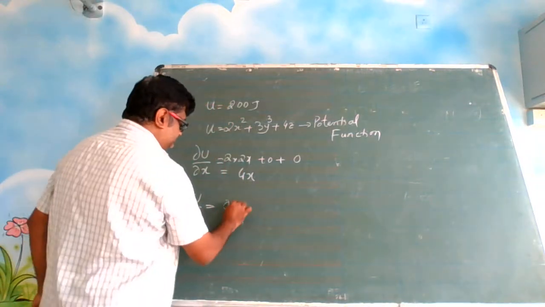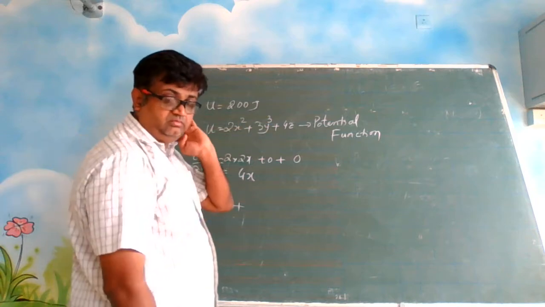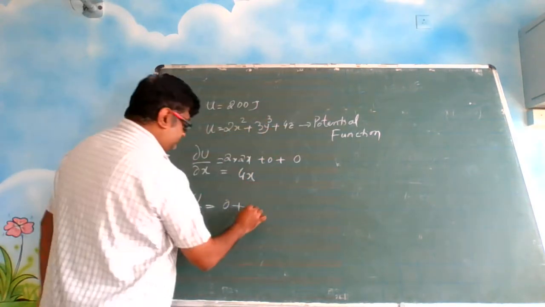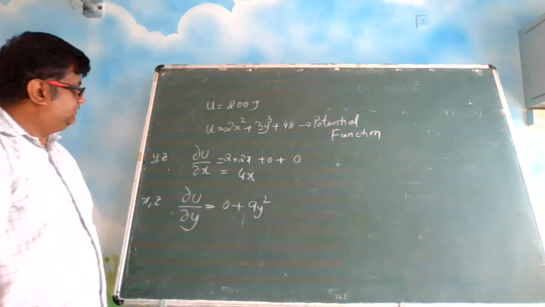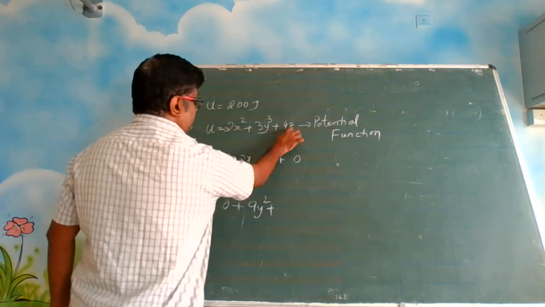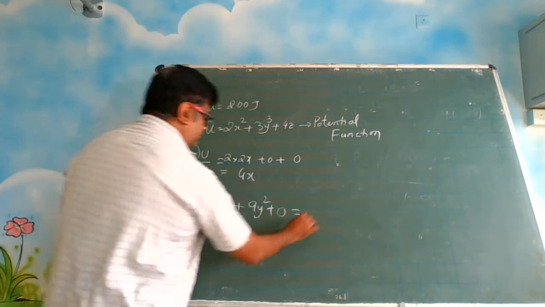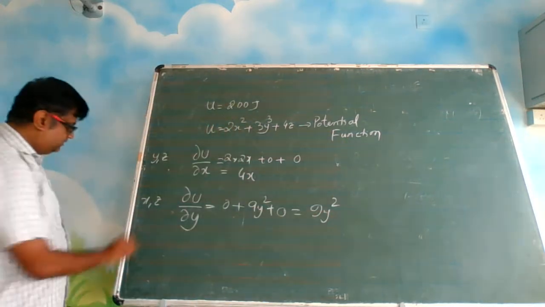So 0. This term y cube, apply the formula. It is 3y square. Already 3 is there. 3 into 3y square. It is 9y square. Right? And the other term also you have to treat as a constant. 0. So what you got? You got 9y square. Okay.